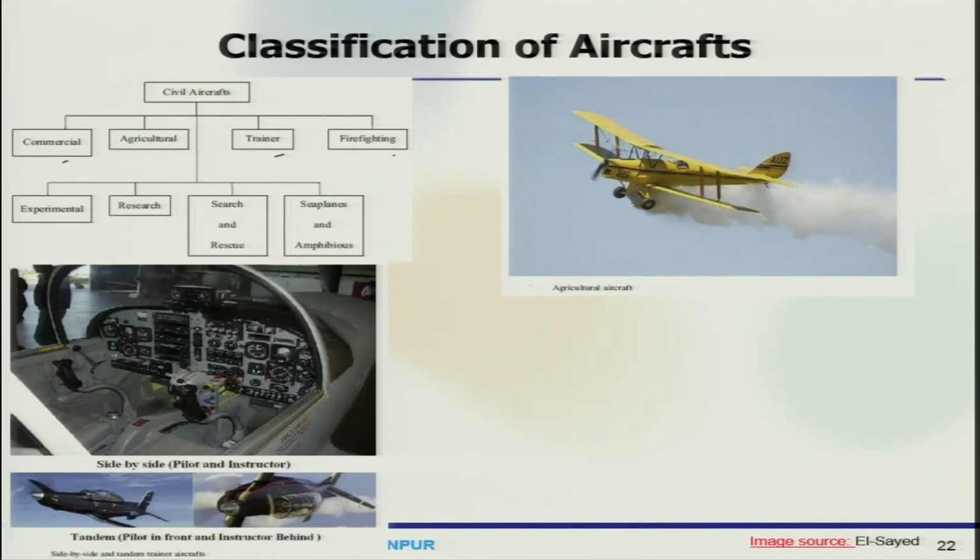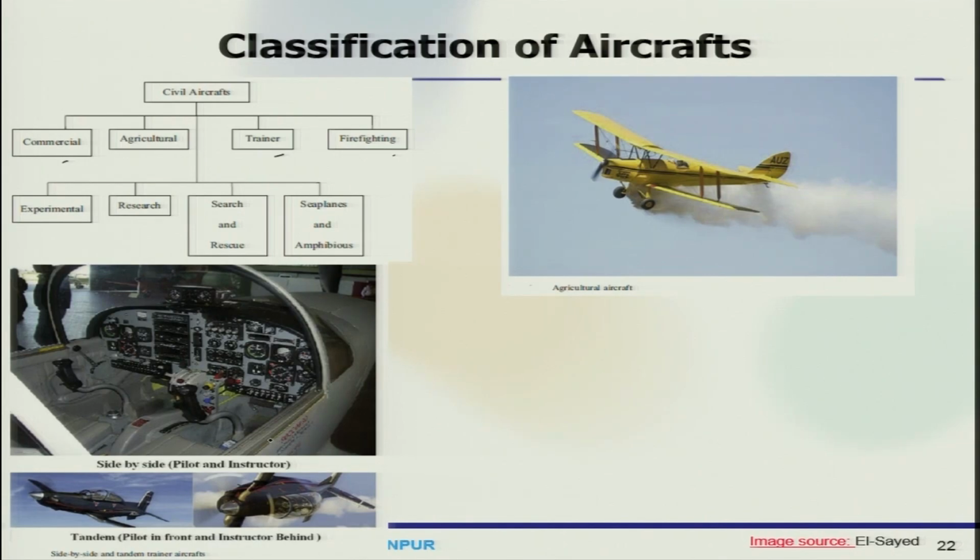Now this is a trainer aircraft. What we can see is that the training is given to develop piloting or navigational skill in flight crew. So civilian pilots are normally trained in light aircraft with 2 or more seats to allow for student and instructor.